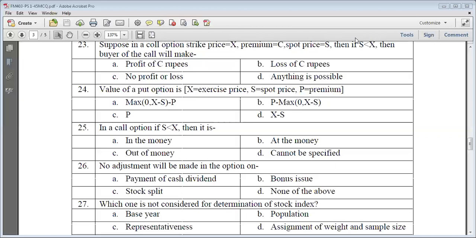Now we are moving to 26. No adjustment will be made in the option on payment of cash dividend, stock split, bonus issue, and none of the above. In case of payment of cash dividend, no adjustment will be required in the option.